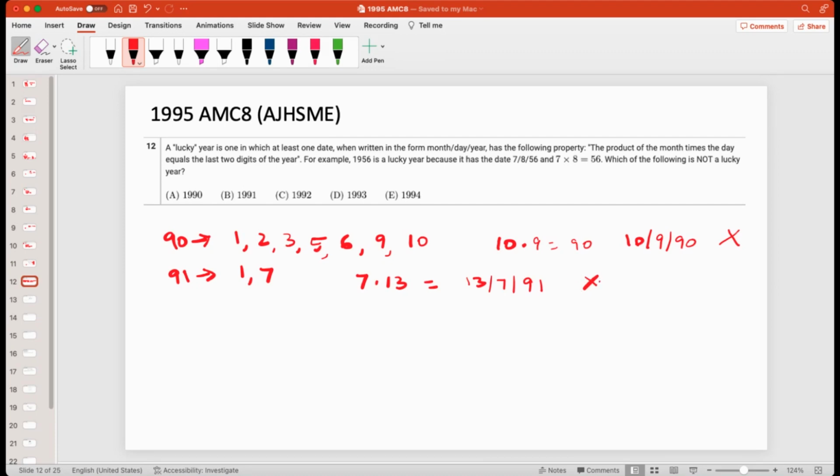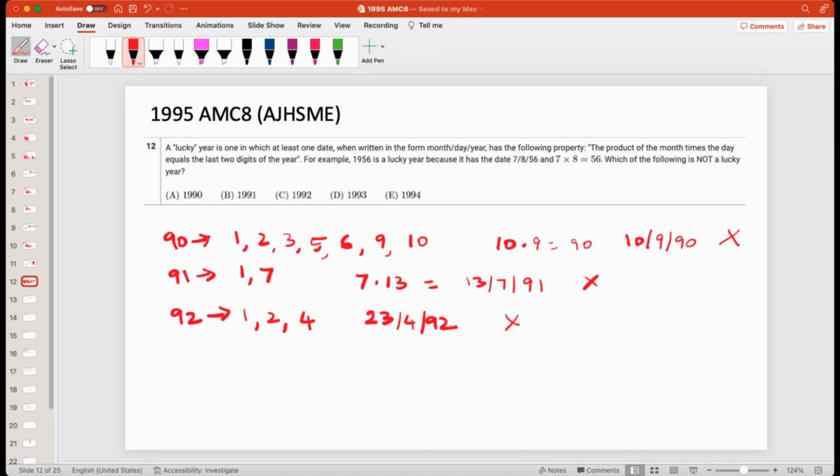Then coming to 92. Factors are 1, 2, 4. There are other factors, but I'm going to limit it within 12. So I'm going to say here 23 times 4 is 92. So I can say 23 slash 4 slash 92. This is also not our answer because it is a lucky year.